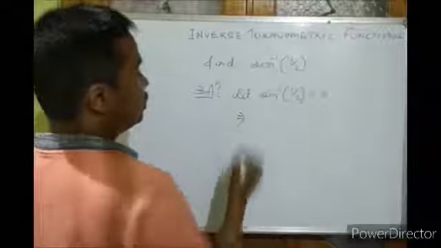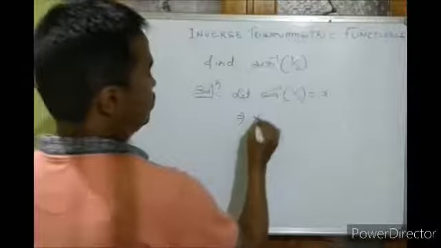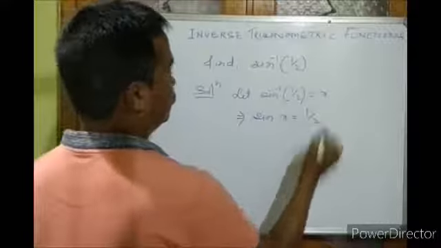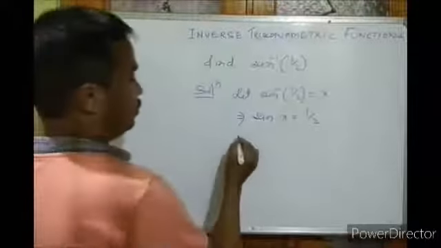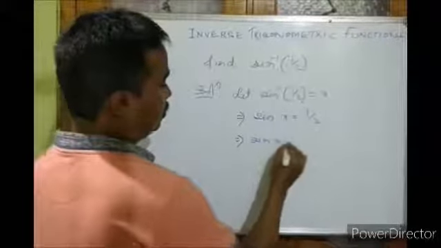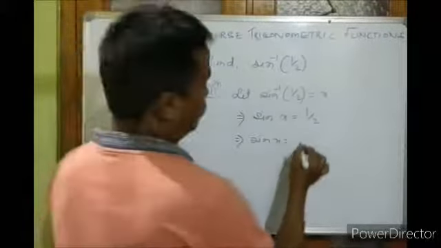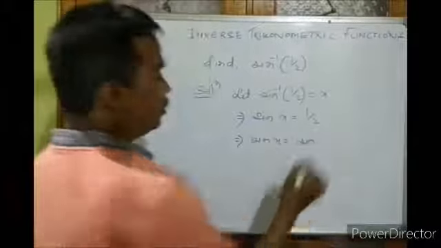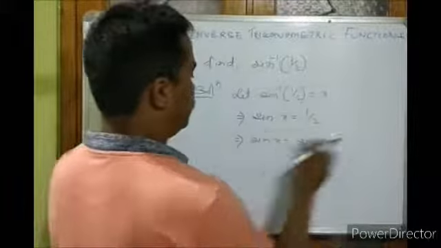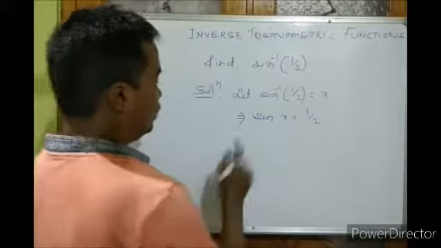This implies sin x equals half, so sin x equals sin pi by 6.